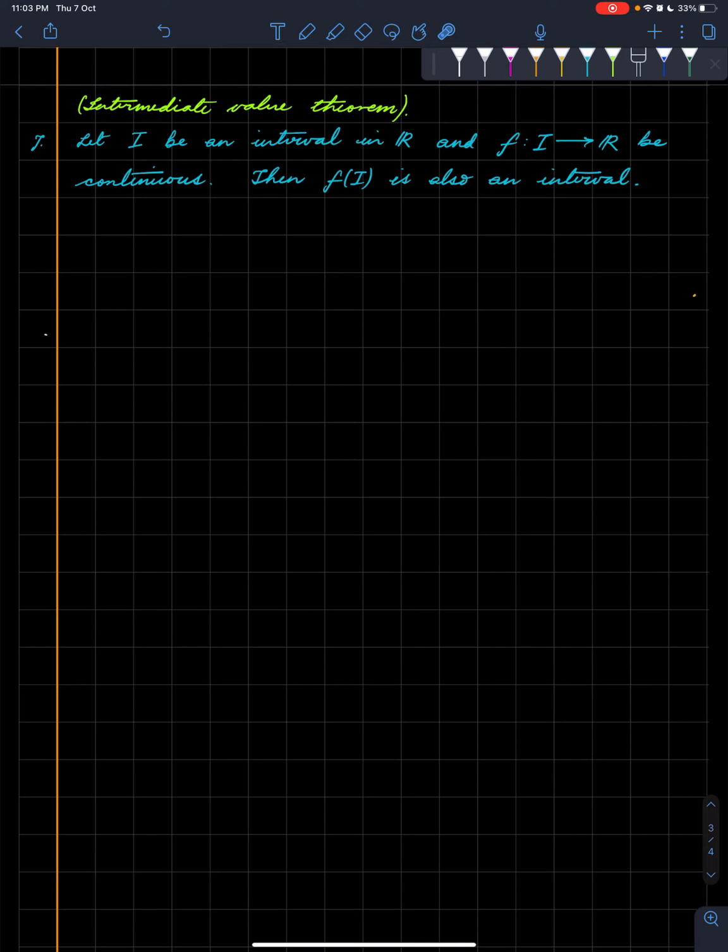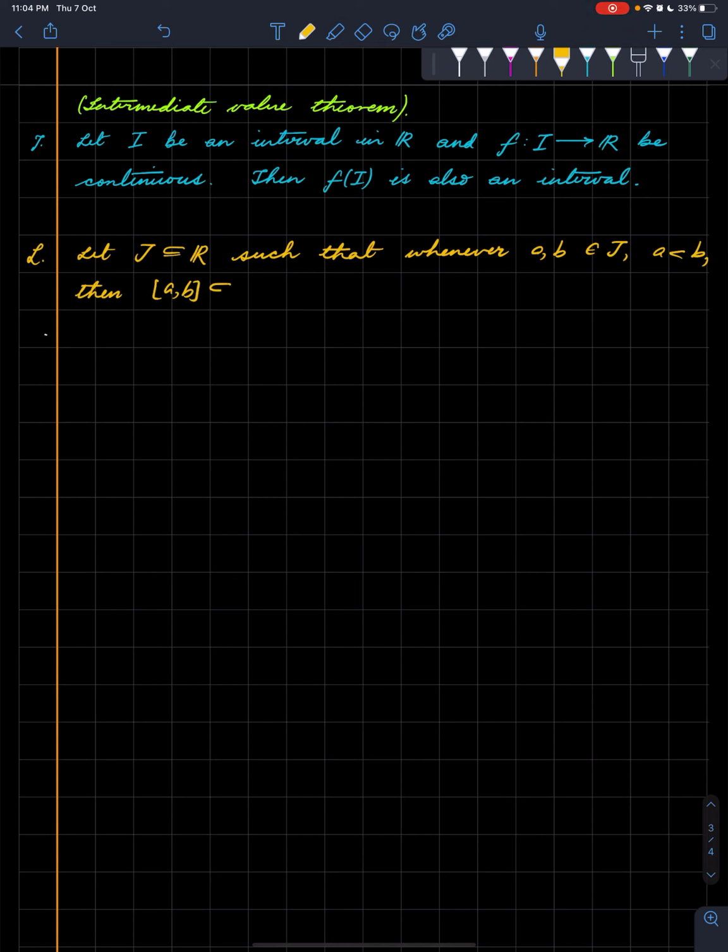But before we prove this, we will prove some other lemma. Let J be a subset of R such that whenever we choose two points in J with A less than B, then this closed interval in its entirety is contained in J. So J has this special property.